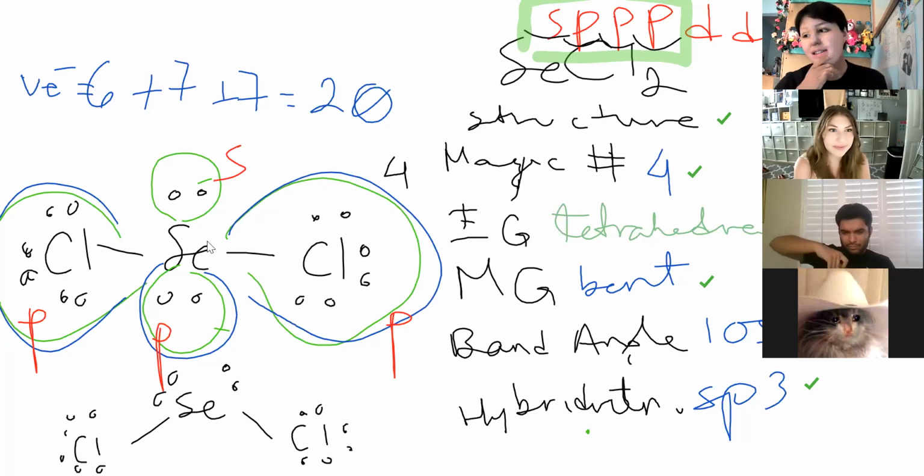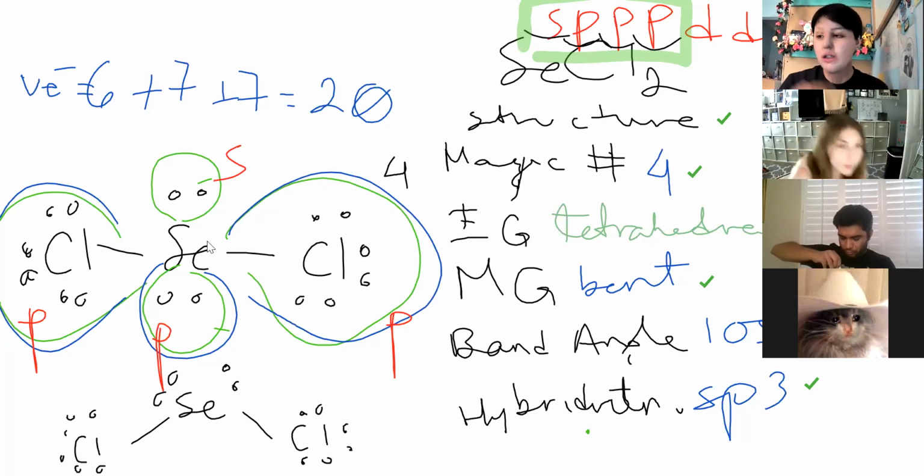I don't really like the term magic number; that's a personal preference. I like to just use electron regions because that's more accurate, and also less confusing. You can use magic number or electron regions, however you prefer.